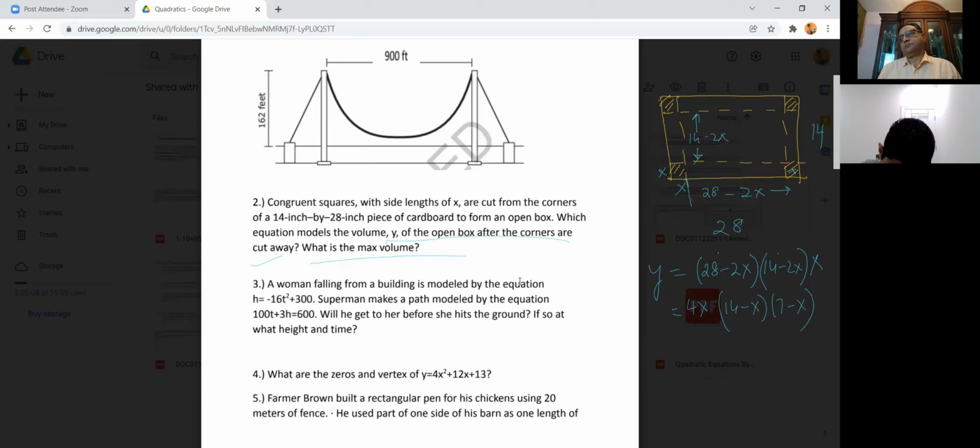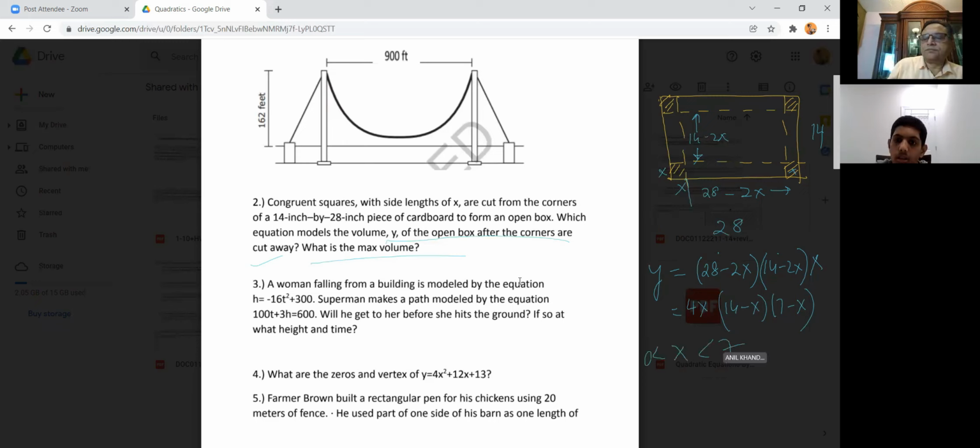Okay. So for a cubic equation, how will you find the maximum volume? You have restrictions here, right? The x value has to be less than 7, right? So what you understand here is that x is, of course, greater than 0, but less than 7.